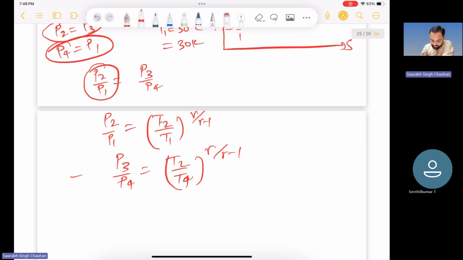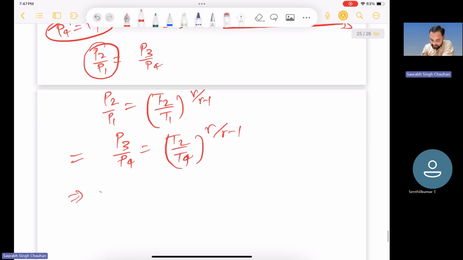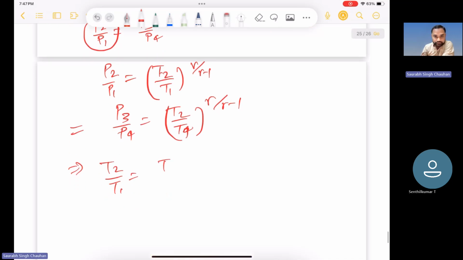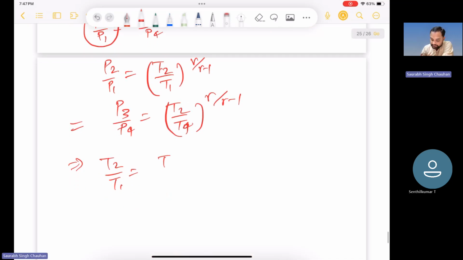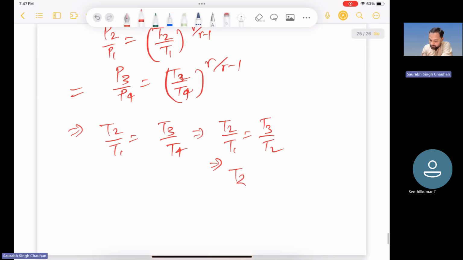So from here you will get T2 by T1 is equal to T3 by T4. And T4 is equal to T2, so you can write T2 by T1 is equal to T3 by T2. So T2 square is equal to T1 T3.